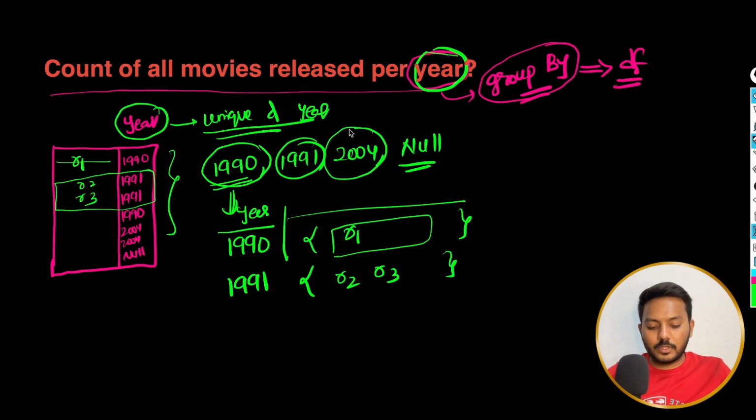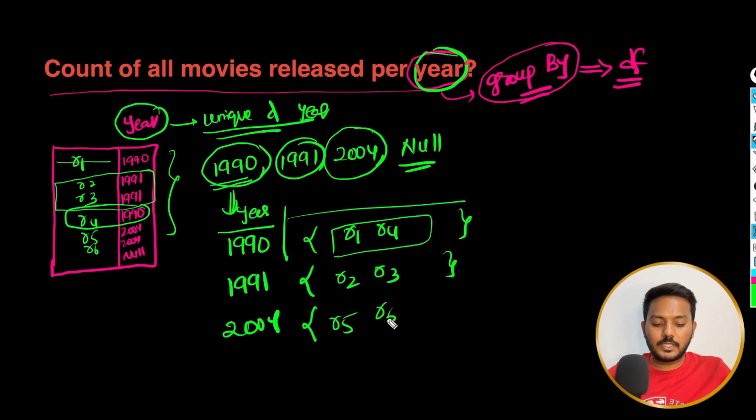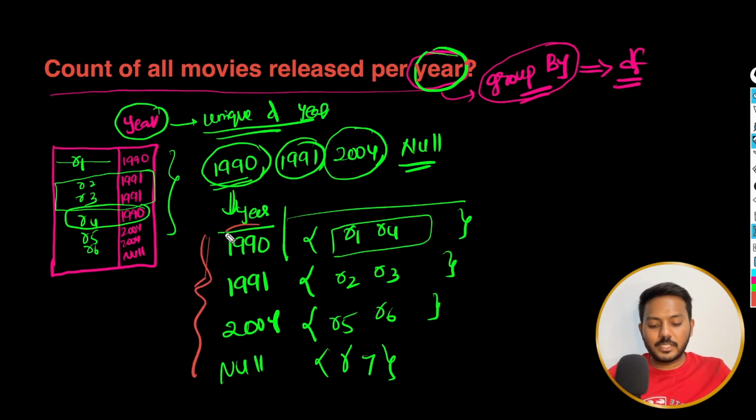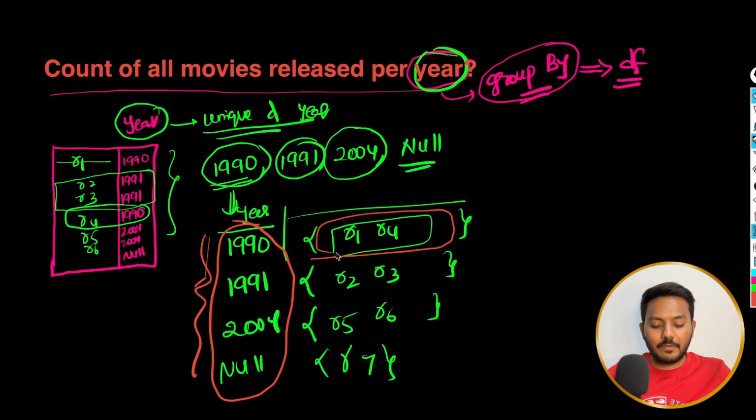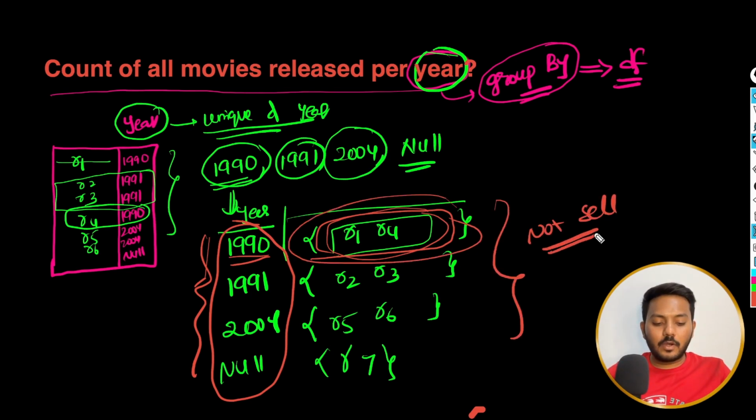And then it will go to 2004. Sorry guys, there is a mistake here, even row 4 has 1990, so this is row 4 as well. In 2004 we have row 5 and row 6, and for null you have row 7. So by using group by, it will segregate into multiple sets by the unique values of that column, and it will keep all the records of that particular value inside its subset. You will not see this because it happens in the back end.